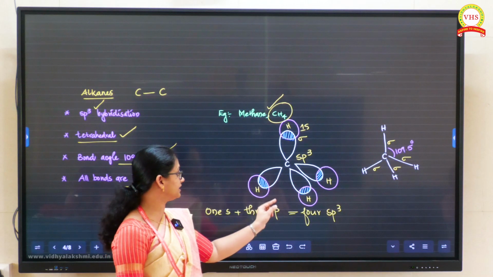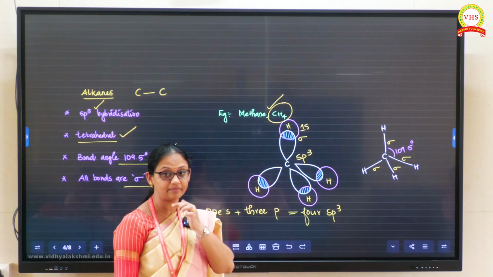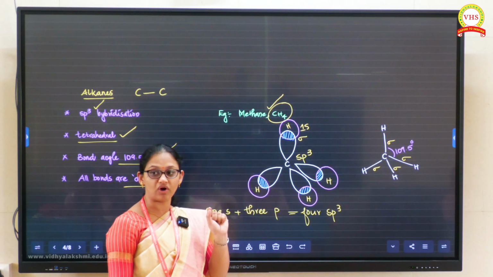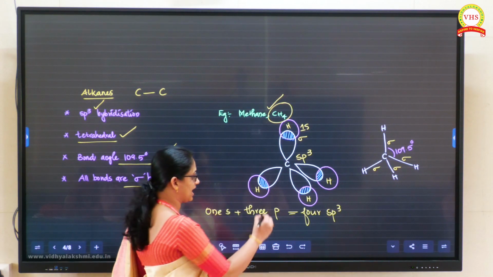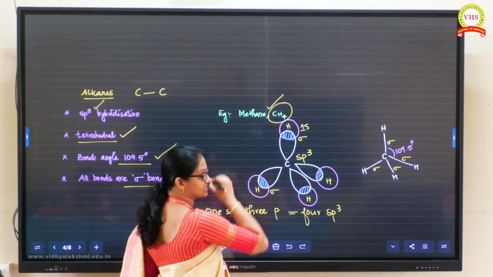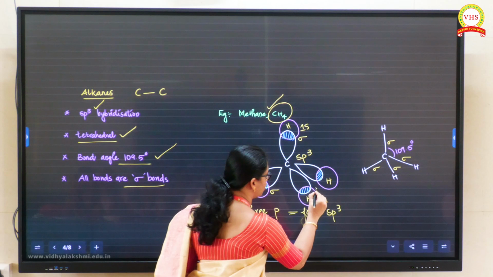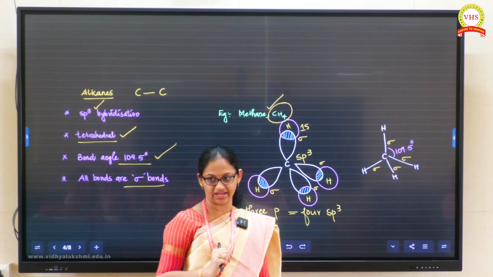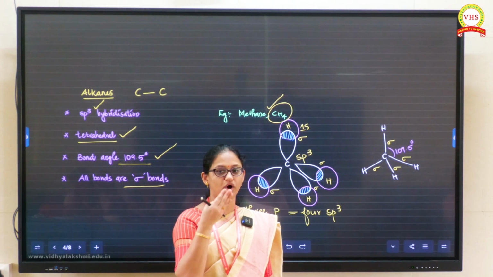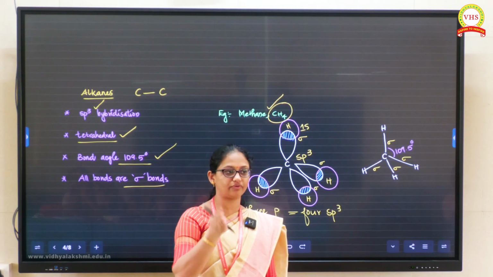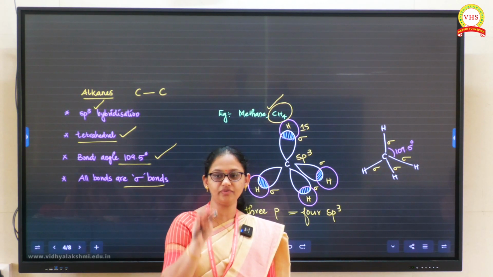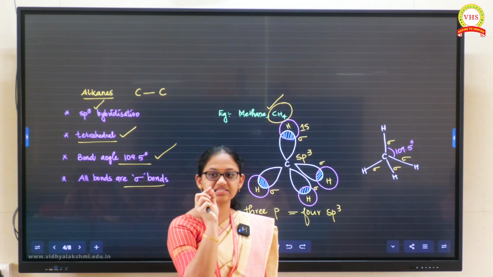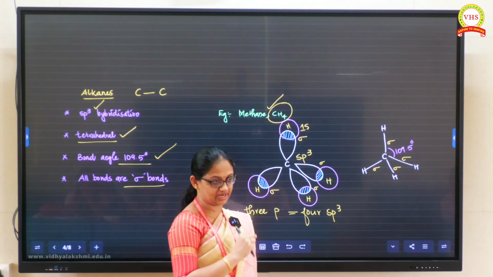Each sp3 hybrid orbital makes a sigma bond with the 1s orbital of a hydrogen atom. So in this CH4 molecule, how many sigma bonds are there? 4 sigma bonds. Sigma bonds are formed by the overlap of the sp3 hybrid orbital of carbon with the 1s orbital of a hydrogen atom.